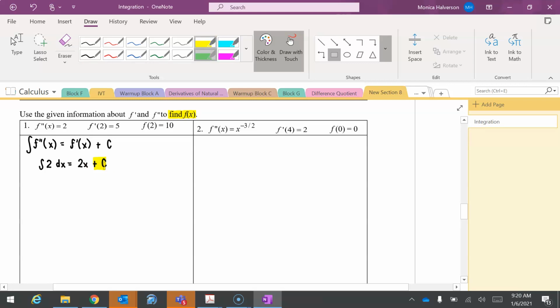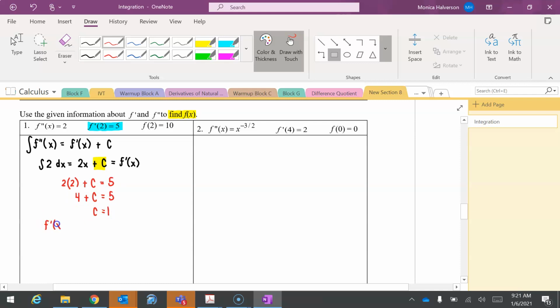But we know this equals the first derivative. And we also know a corresponding x and y value in the first derivative. So we could say here that 2 times 2 plus c equals 5. So 4 plus c equals 5, so we know c equals 1.